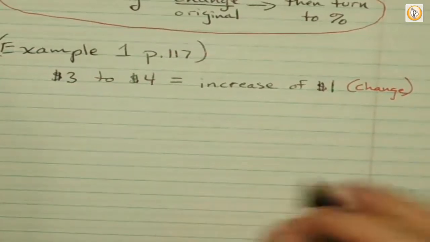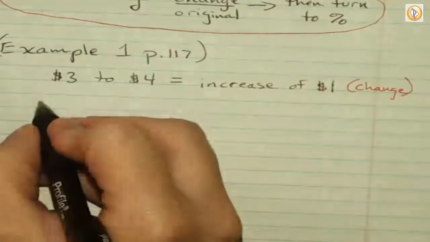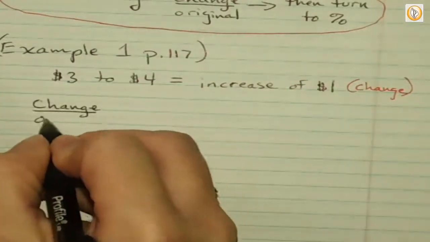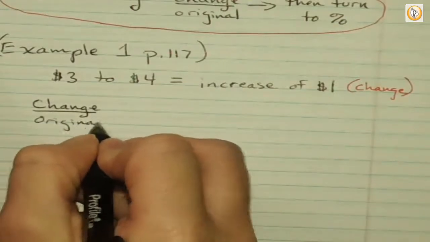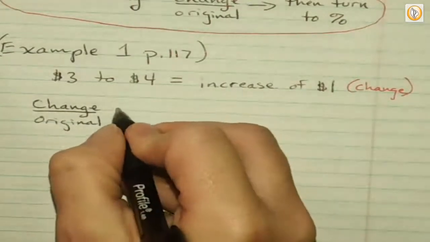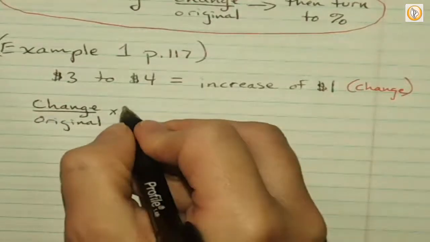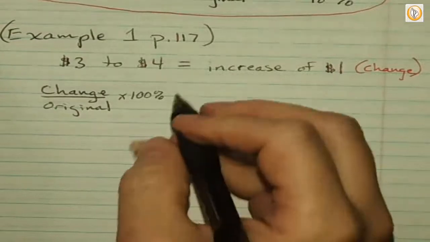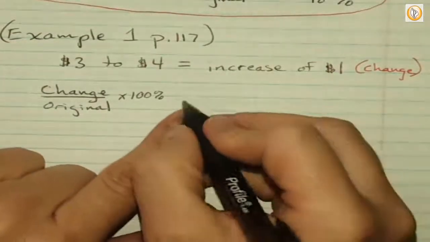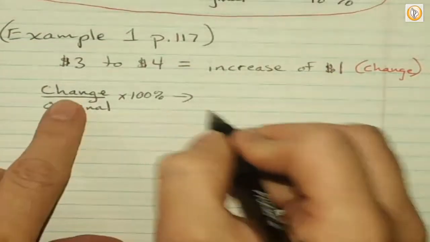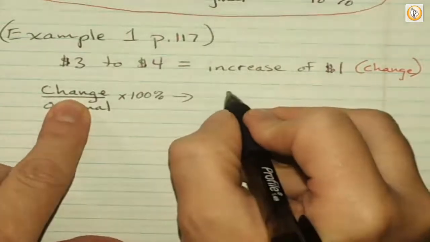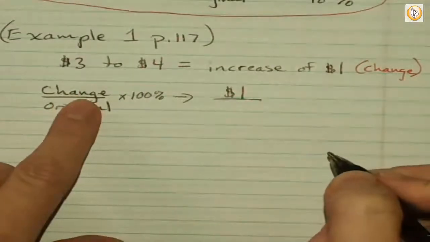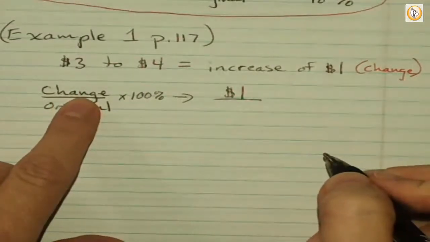Okay? So, let's do our formula. Our formula is change over original times, well, I don't like saying that, times 100%, but we're just going to change it to a decimal. So what is our change? $1. That's right, it's $1. So $1 goes on top of this fraction, right?